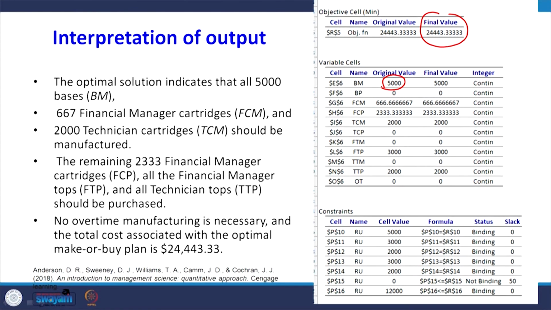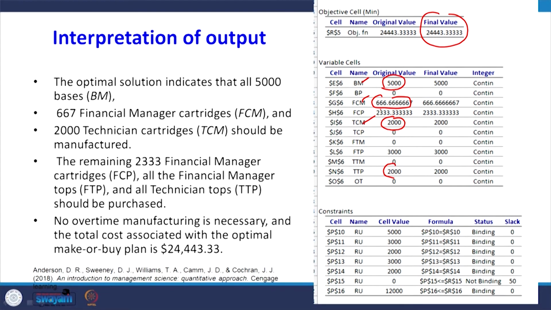What this says is that the optimal solution indicates that all 5000 bases, approximately 667 financial manager cartridges, and 2000 technician cartridges should be manufactured. So, there are 3 elements that have to be manufactured in house.